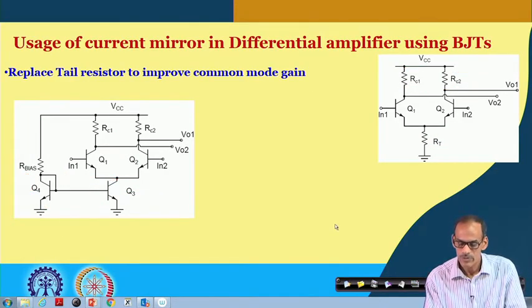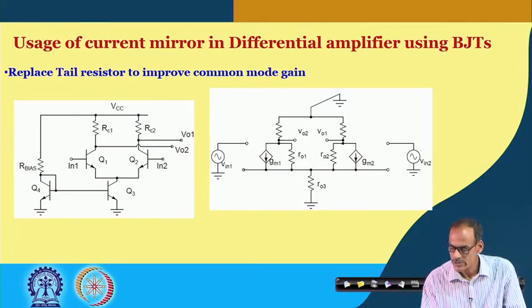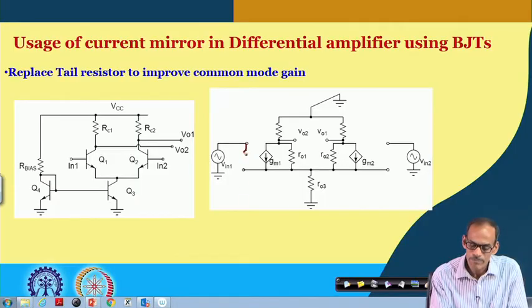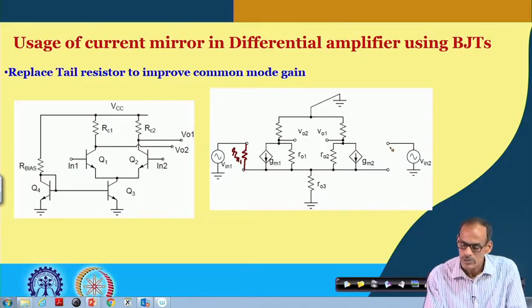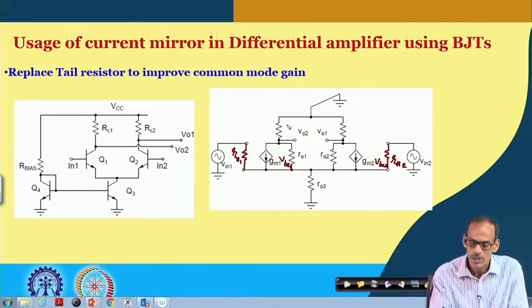So, as we have done for the MOS circuit, here also we can draw this small signal equivalent circuit. Compared to the MOS circuit, the difference here, of course, is that we do have R pi. So, here also we do have R pi, and the voltage here is VBE 2, and we do have RC 1 and RC 2.